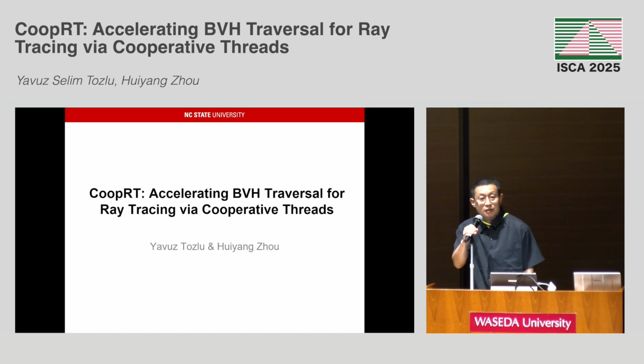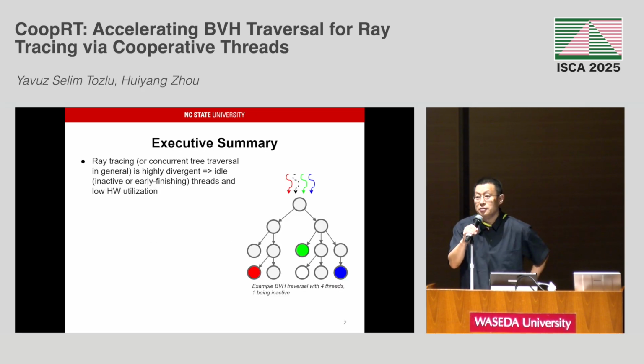So there I am. Before we jump into any details, let me first share with you the key ideas, or the main takeaway message. The main takeaway message is that for ray tracing, or more generally all these tree traversals, they are highly divergent.